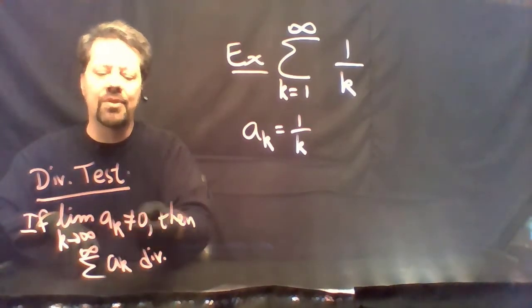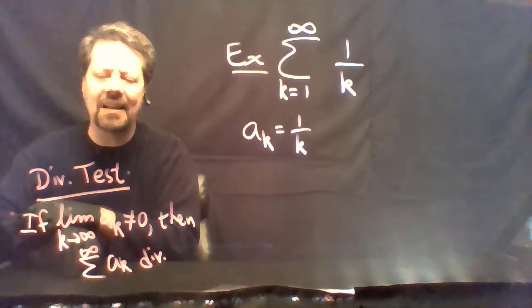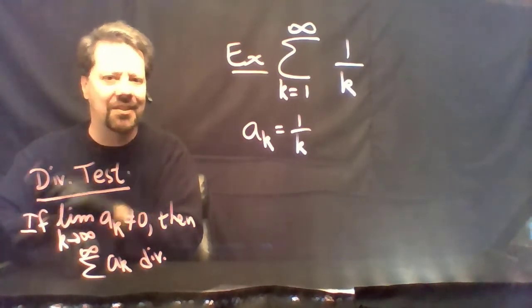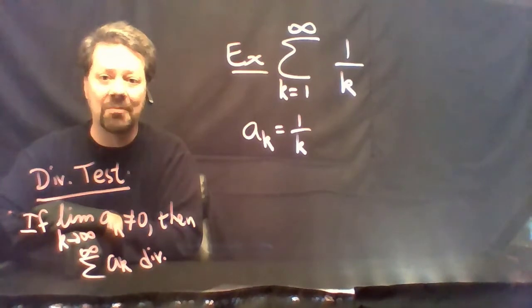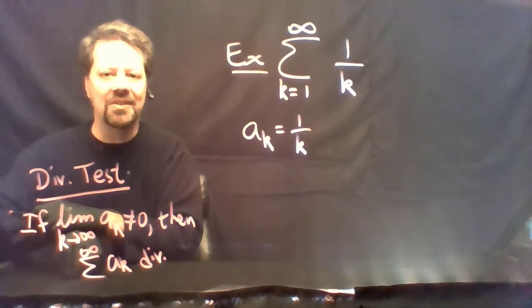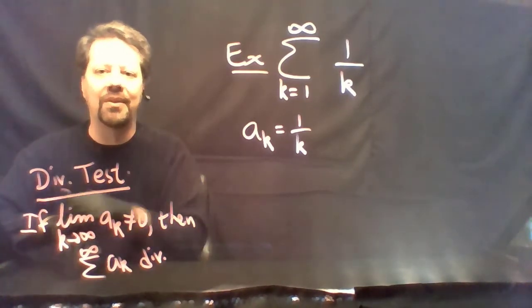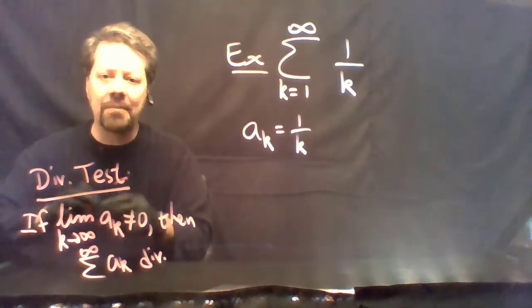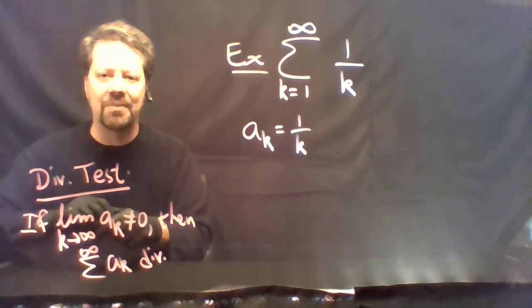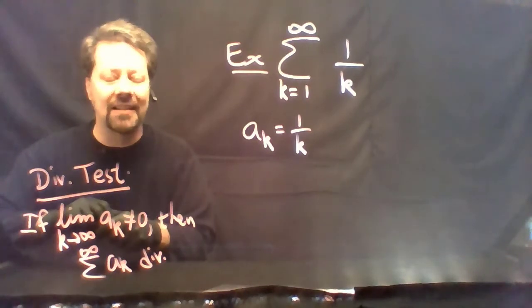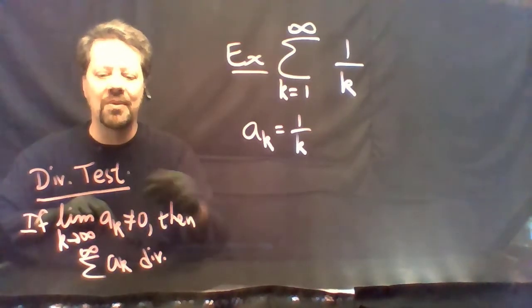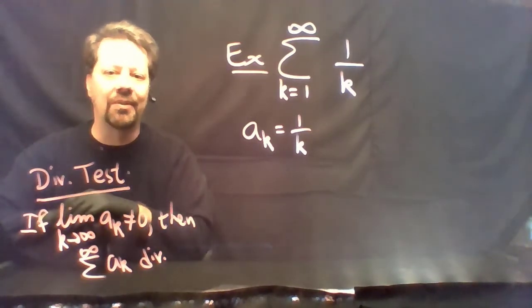What if the terms do go to 0? What does that imply? It turns out it doesn't imply anything. There are series that have terms that go to 0 that yield infinite sums, and there are series that have terms that go to 0 that yield finite sums. So just because the terms go to 0, that tells you precisely nothing.